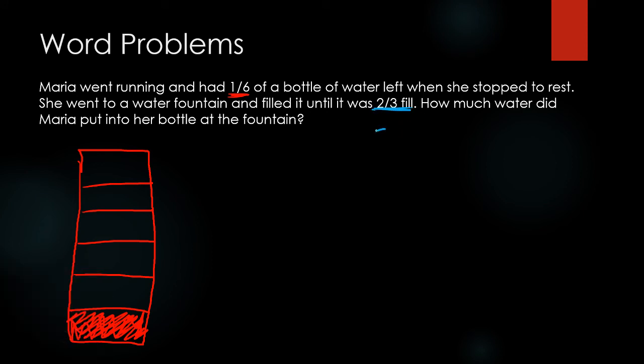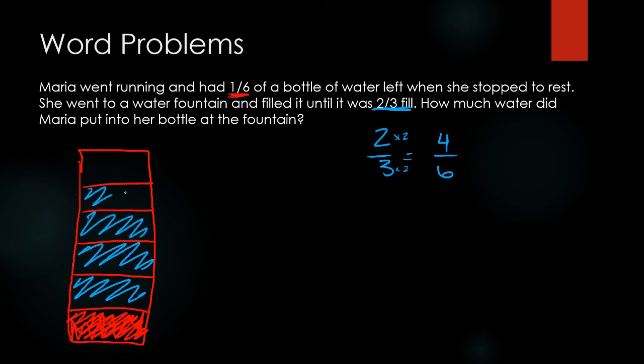If I take 2/3 and I want it to have a 6 in the denominator, I multiply this by 2. So let's multiply the top by 2 to get 4 over 6. That means that she filled it up 4 of these 6. So her water bottle is almost full. We want to know how much water Maria put into her water bottle at the fountain. Oh, sorry.